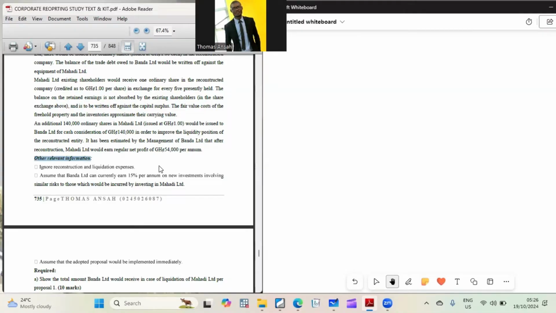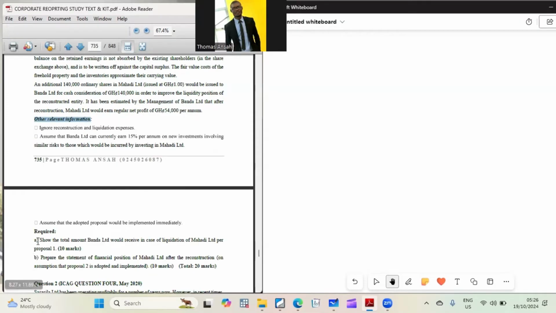Assume that the adopted proposal will be implemented immediately. Show the total amount Banda would receive in case of liquidation of Mahadi. And also prepare a statement of financial position after the reconstruction on the assumption that Proposal 2 is adopted and implemented.